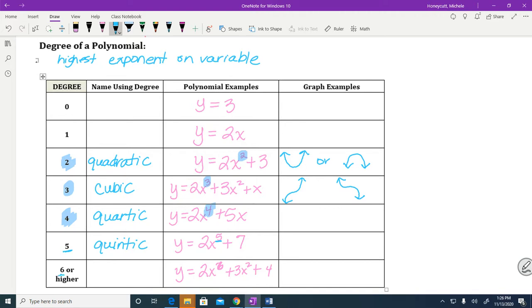And then if the degree is 6 or higher, so the highest exponent is 6 or higher, you'll call it the nth degree, meaning whatever the degree is, you'll just say that, like 6th. So this is a degree 6, so I would call this a 6th degree polynomial.